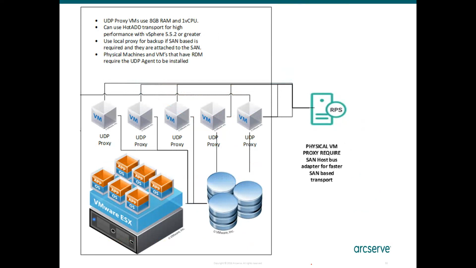The proxy, 8 gigs, 1 CPU again. Again, HiLAD may require more resources inside the virtual host, as you see here. You can have a physical proxy as well as this RPS. The RPS typically is the proxy since it has resources as long as it has access to, for example, the host bus adapter to the SAN.